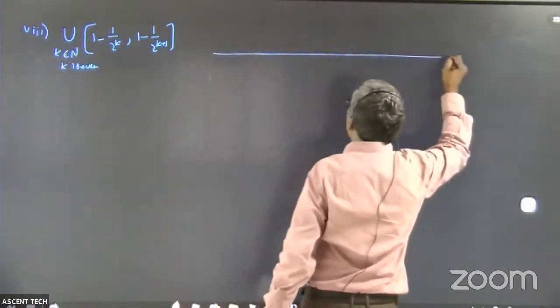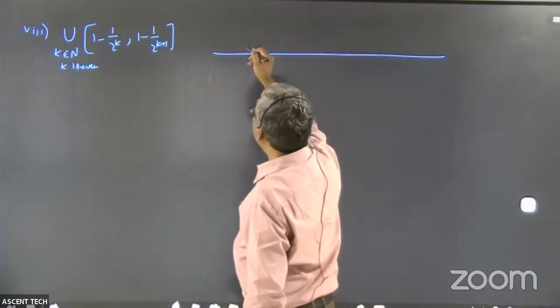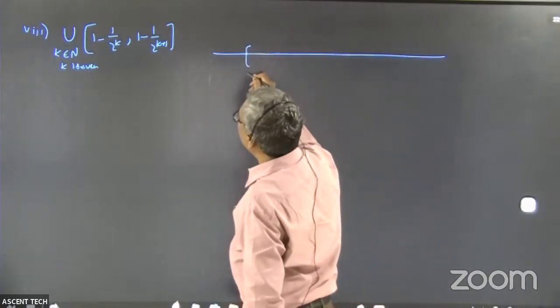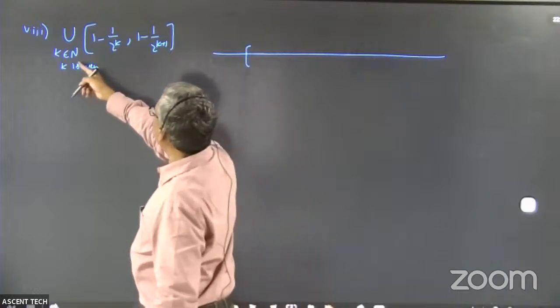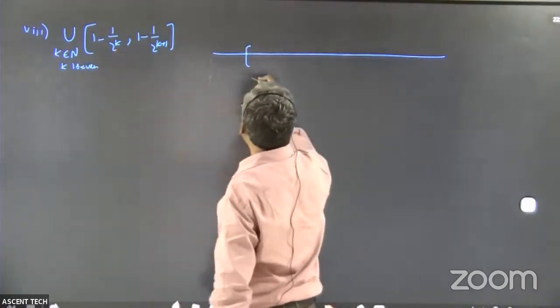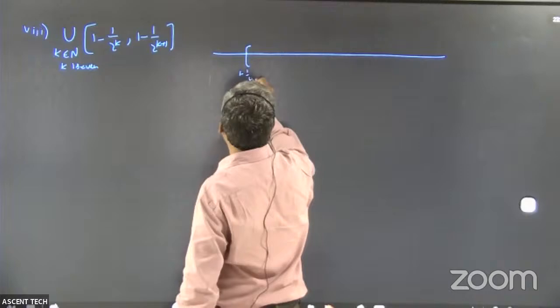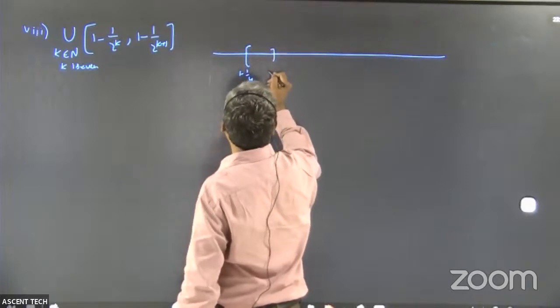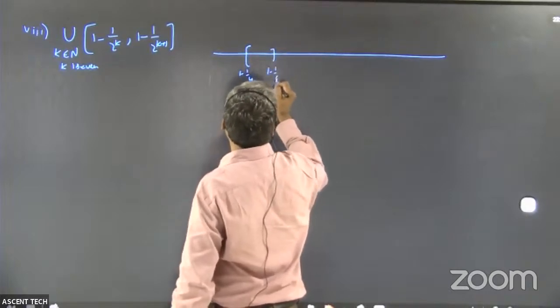On the number line, here is a ball, for example when k is 2, 1 minus 1 by 4 to 1 minus 1 by 8.